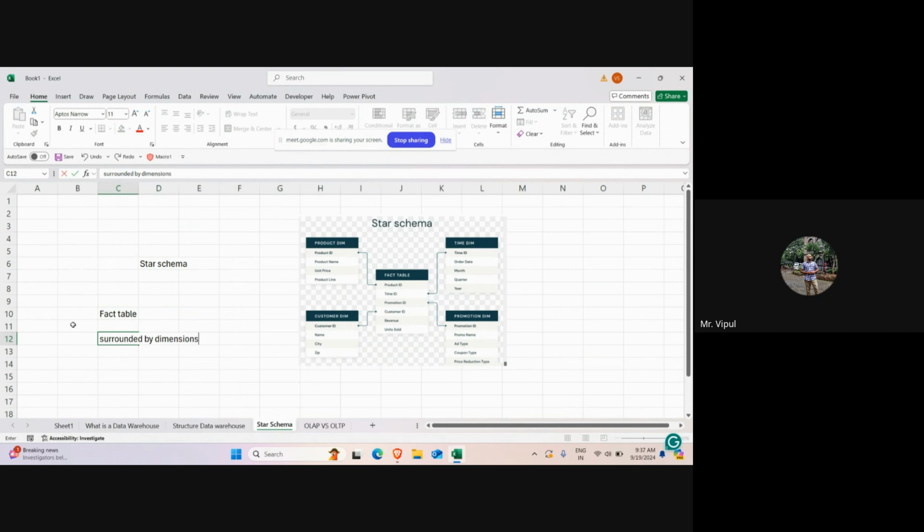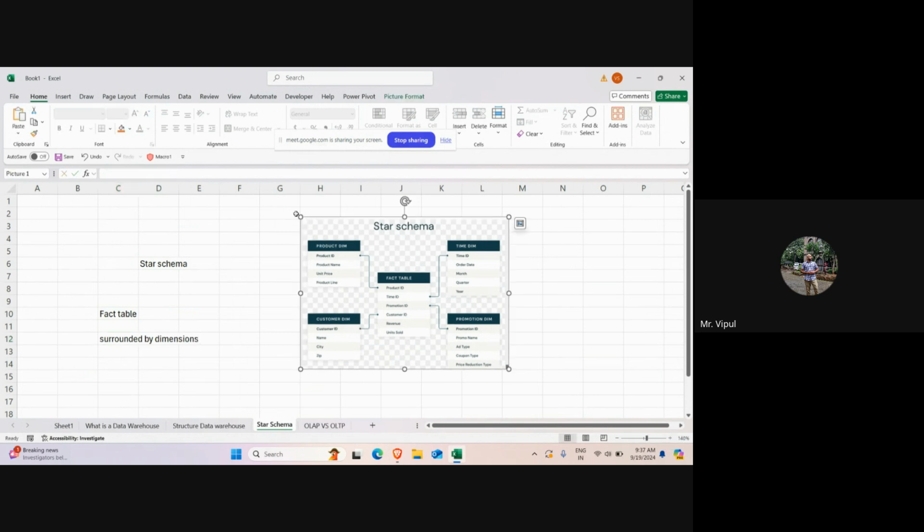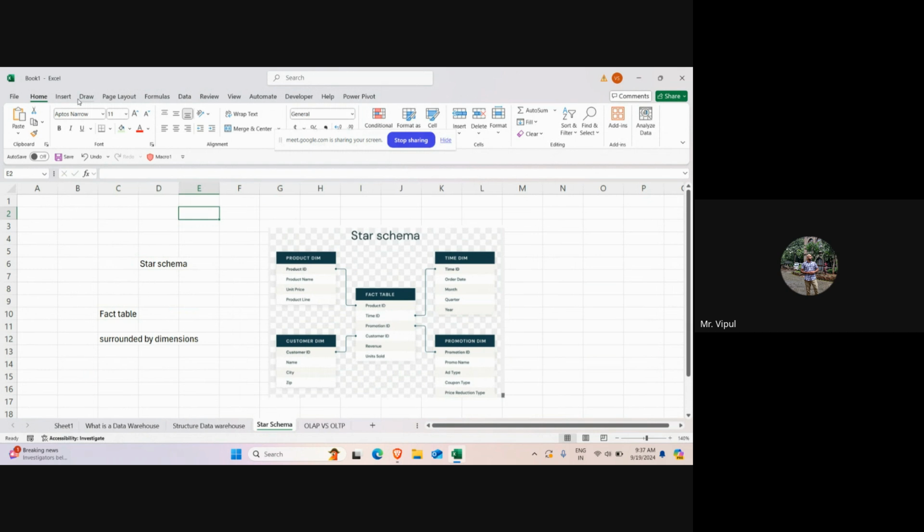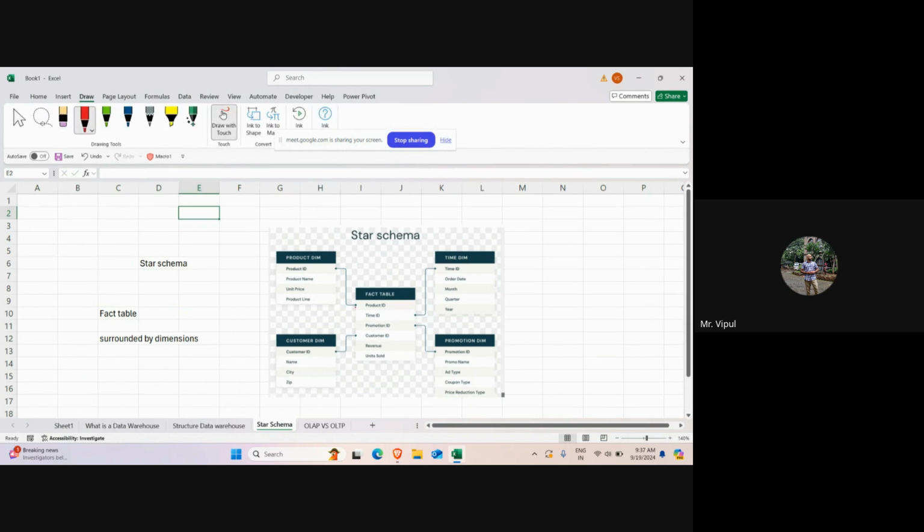The fact table always holds numeric columns: Product ID, time, promotion ID, customer ID, revenue, units sold. These are the numeric columns, and these are the dimensions for that fact table. So we have product dimension, customer dimension, time dimension, and promotion dimension.